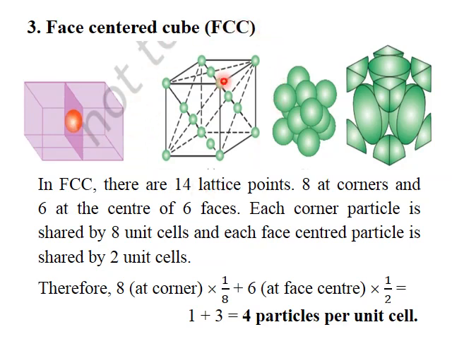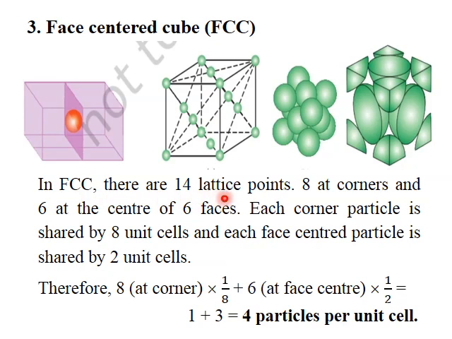This is a face-centered cubic structure, with 8 lattice points at the corners and 6 face-centered particles. This is a filled space structure, and this is a structure obtained from the crystal lattice. This is how we get the structure: the face-centered particles, half part we are getting, and the corner particle, 1 by 8th part is obtained.